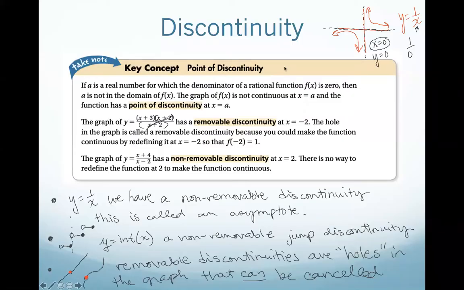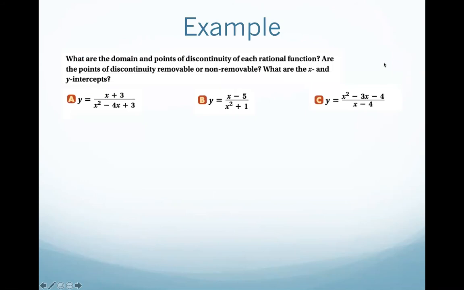Let's take a look at some examples together. So we have three problems here, and for each of these, we are going to find the domain, the points of discontinuity, and then we're going to say if it's removable or non-removable, and if there are any x or y intercepts. Okay, so that's a lot of information we're getting just from a function.